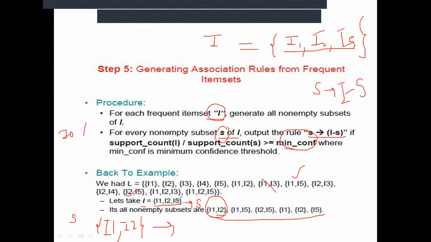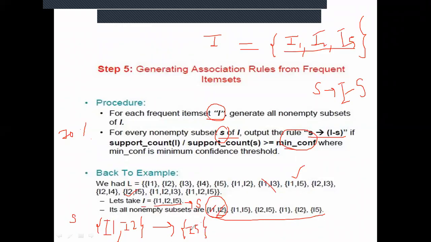This I1, I2, I5, but I have to take I minus S. So when you take I minus S, you will just get I5, because from this set you are not taking these two items, I1, I2. So what is remaining? I5. So one rule can be this. That means whenever I'm going to buy I1, I2, then most probably the customer is going to buy I5 also.